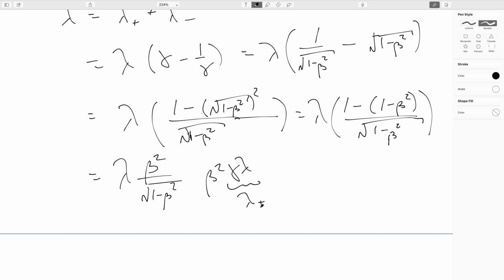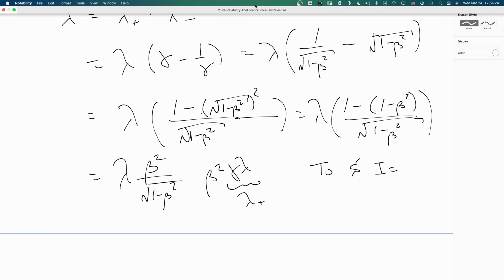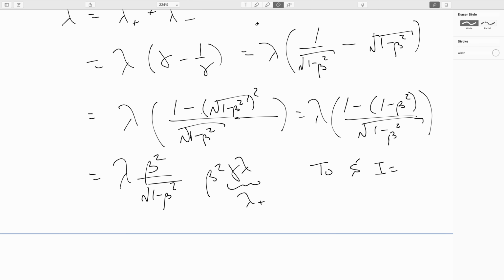And the reason I'm saying that is because in S prime, since they say the current is due to positive charge carriers going to the right, that current would have to be equal to lambda plus times our drift velocity.